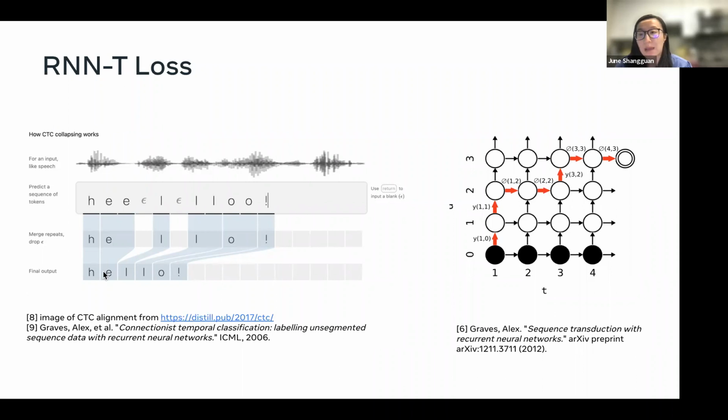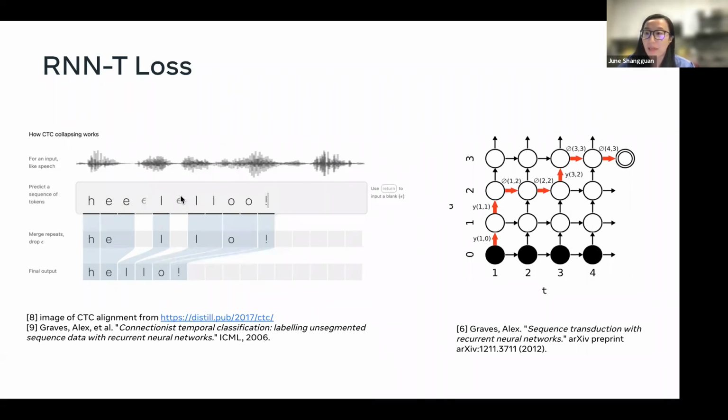And now we can map it to our ground truth transcript, hello. And you can easily imagine many different ways to write this hello in a per-frame fashion. So basically, a lot of the different predictions of the acoustic model can be mapped to the same ground truth transcription. So this is called the connectionist temporal classification method, or connectionist temporal classification loss.